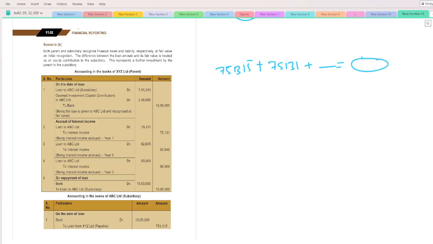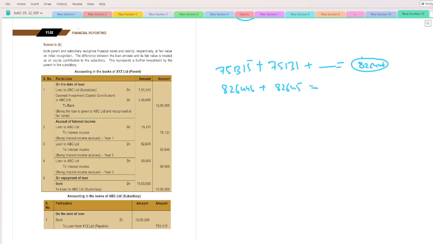751315 plus 75131, so it is 826446. On this you will be calculating the interest again at 10%. So it is coming 82645.